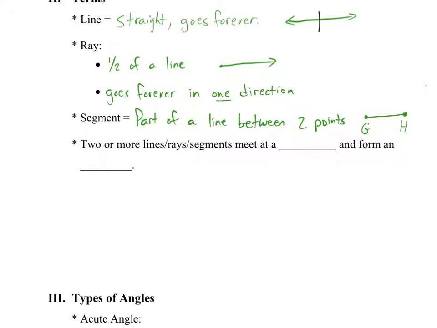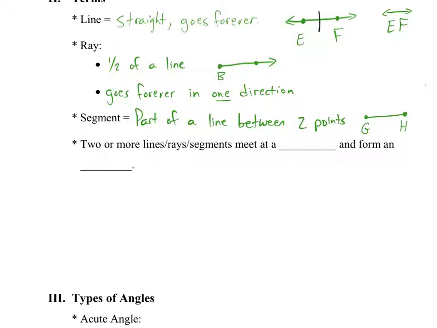Maybe I should have tried labeling all of these things. If we had this line up here, we could maybe call this EF. And the abbreviation that they write for that is an E and an F, then they put a little arrow above it, or a line going both directions. So EF, something like that. And then for the ray, anybody have a couple letters for the ray? BH.